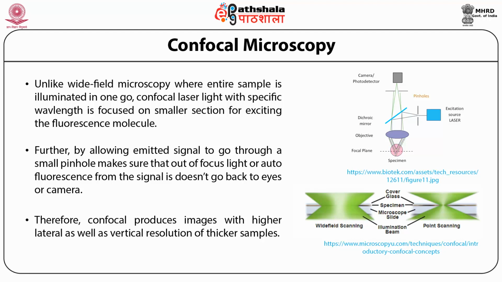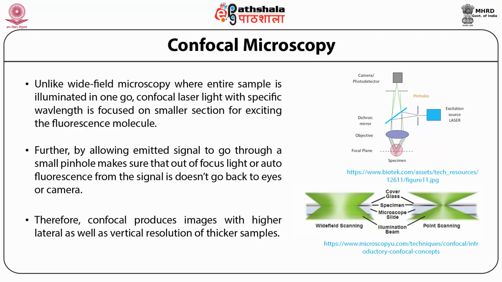Thereafter, the signal which is emitted from the sample goes back through a pinhole. Now this pinhole further removes any out of focus light as well as any autofluorescence that is coming from the sample, and the signal is captured by a camera or seen through the naked eye on a computer screen.